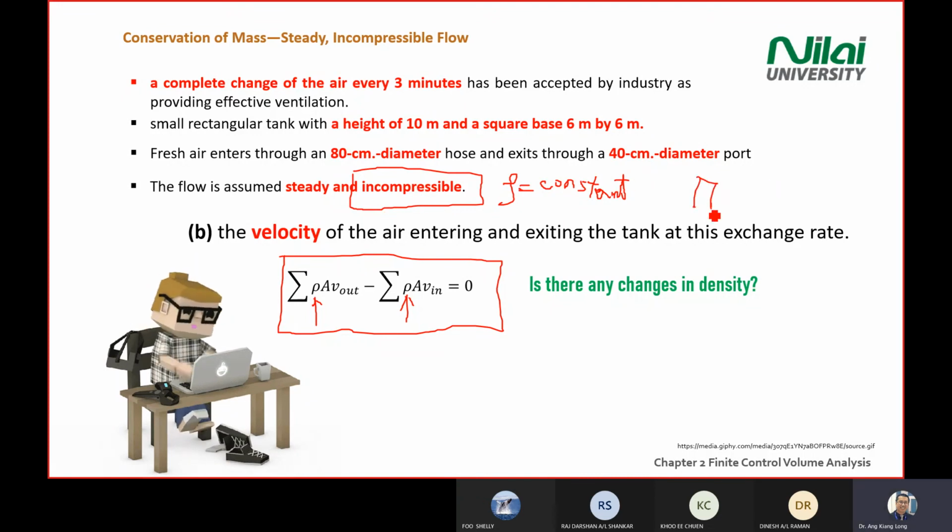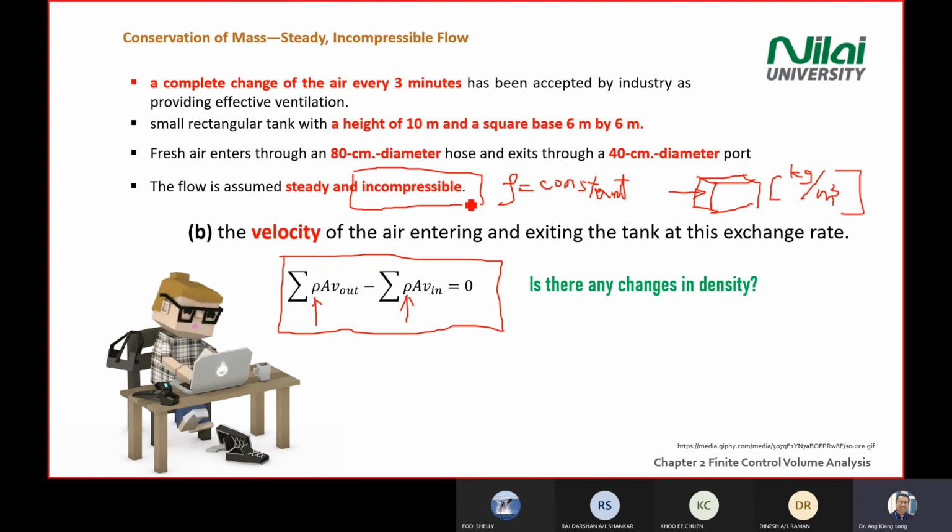Okay, imagine you're having a cube. There's no change of volume, and you're not able to press the fluid inside this volume. It means that there's no change of mass and there's no change of dimension for your volume. So your rho is constant. Again, your rho unit is kilogram over meter cube.